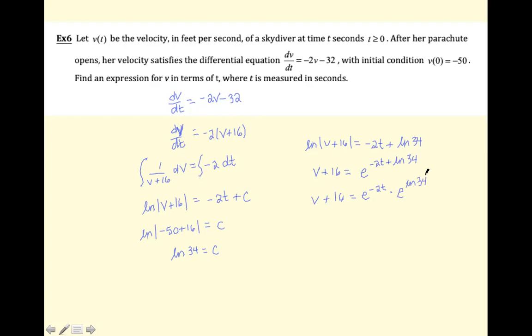All right, e undoes ln 34, so we just have 34. So v plus 16 is equal to 34 e to the negative 2t.